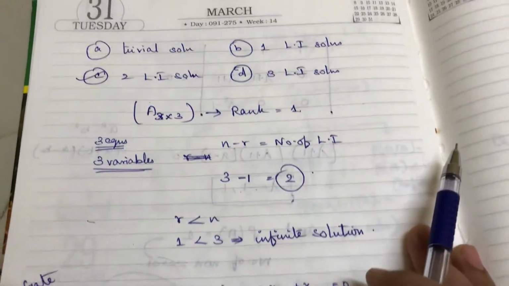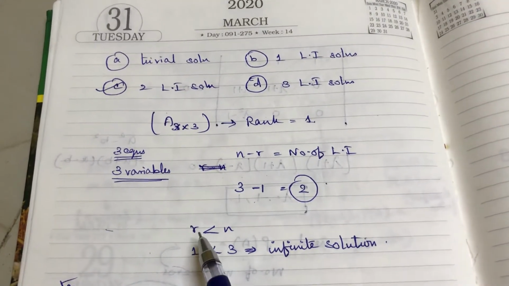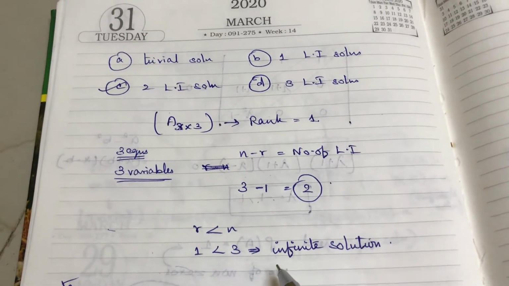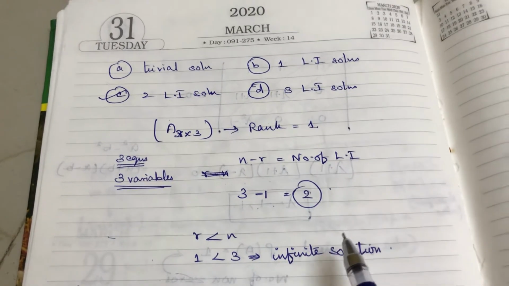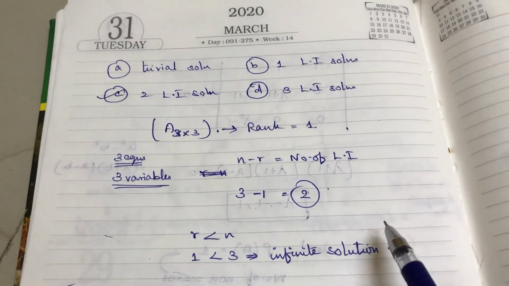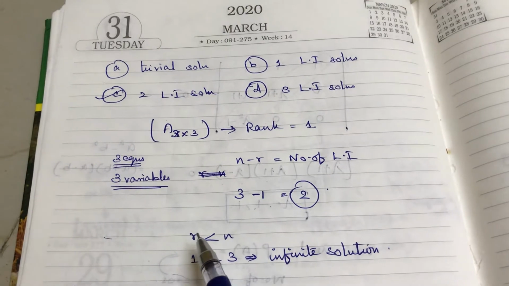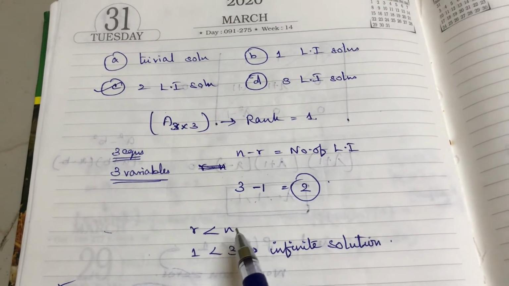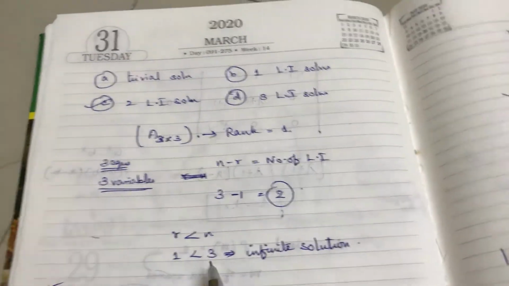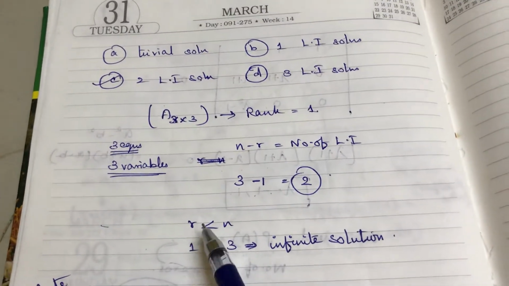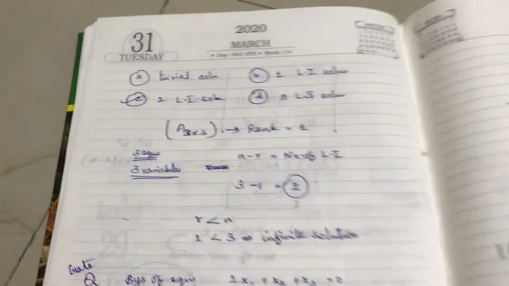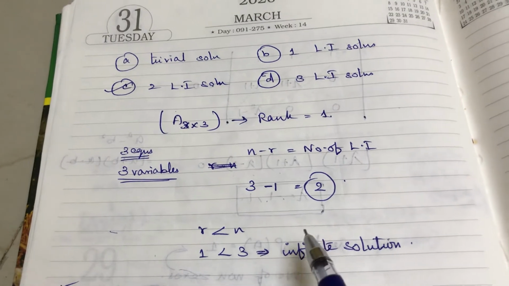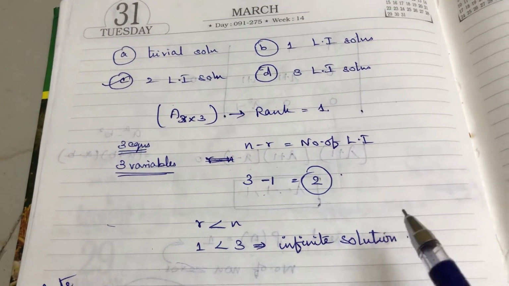But you can see here we need to find which solution this system follows. For independent solutions, the rank should be less than n, meaning the rank is less than the number of equations, right? Then only the vectors can be said to be linearly independent vectors.